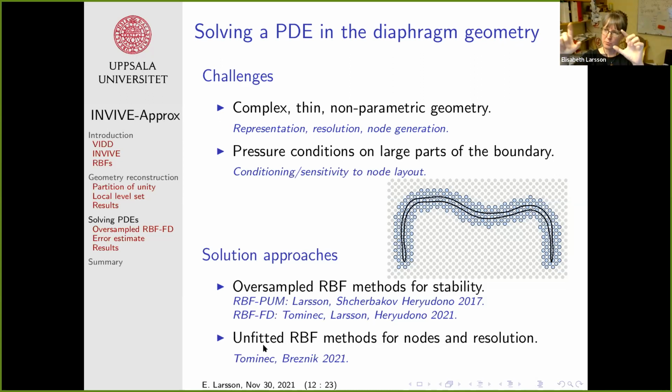So the problem with being thin, it's helped by using an unfitted method. So with unfitted, I mean, like in this picture, the blue points are the nodes, and these are now outside the domain as well as inside. And in this way, we get kind of an artificial thickness that we didn't have before.